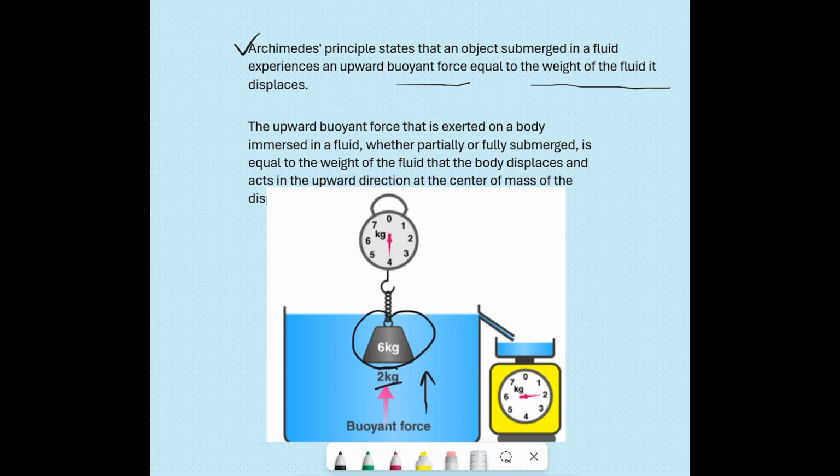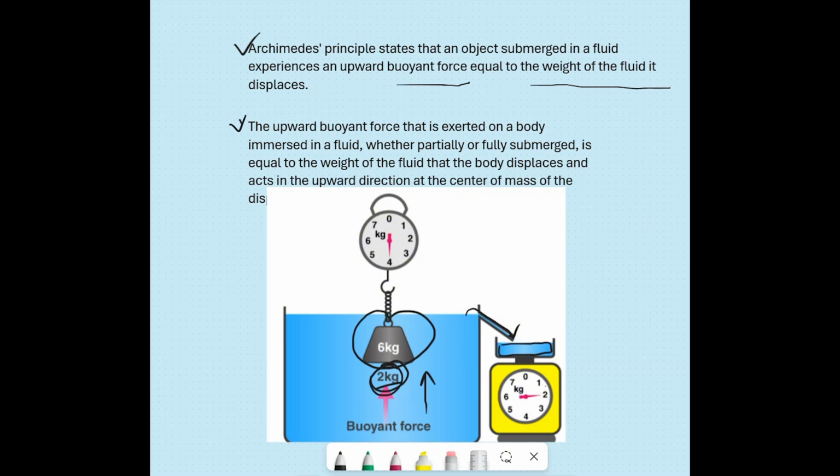And the same amount of water will fall down here. As I said, the upward buoyancy force is equal to the amount of water that is displaced from the container.